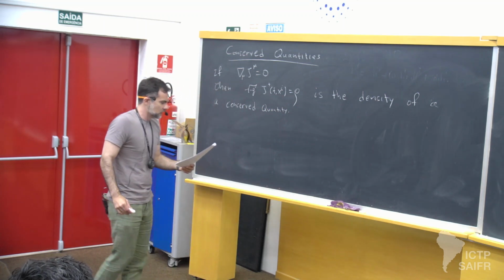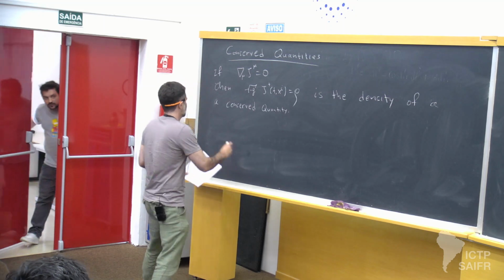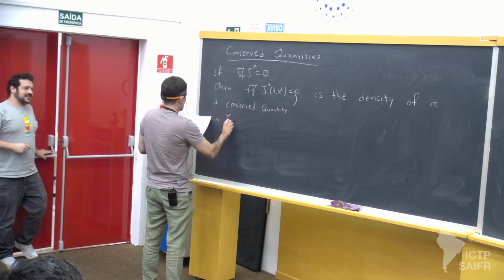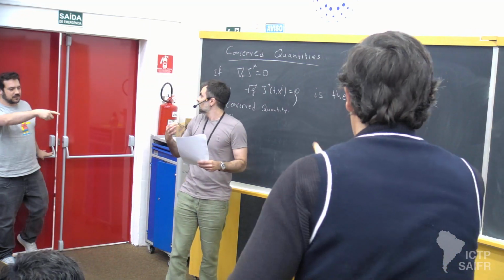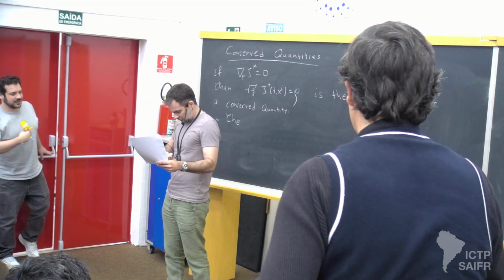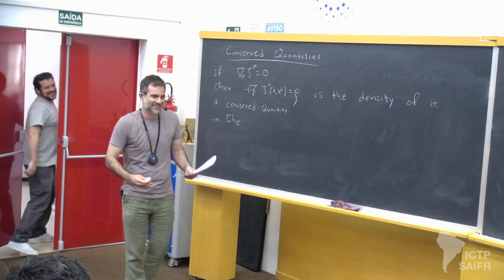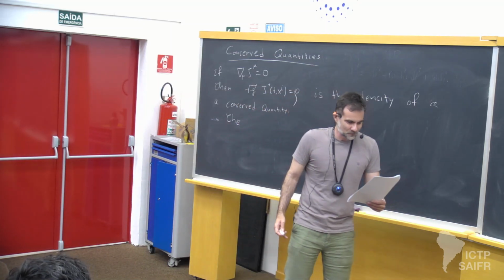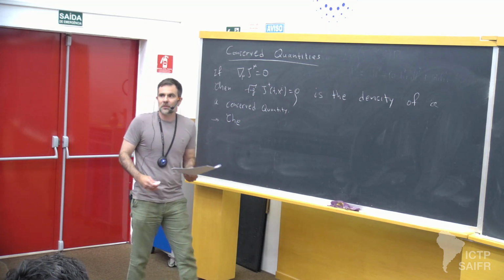Now, if this is the case, then the spatial components of J are telling you how the conserved quantity is now being flowed. Okay, so then the spatial components of this vector will tell you something about transport.